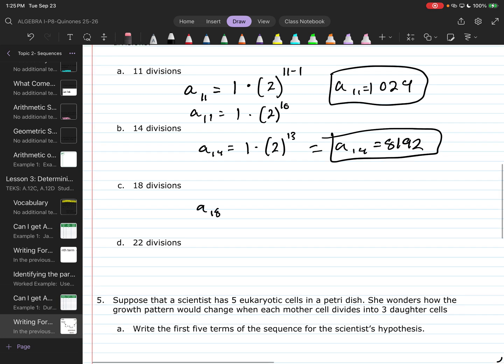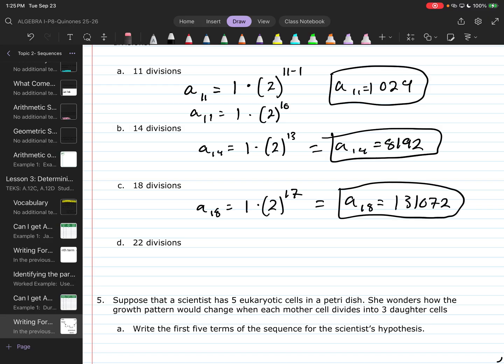A sub 18 is going to equal 1 times 2 raised to what power? Good. This means that a sub 18 is equal to what? 131,072. Okay? And last one. A sub 22, so the 22nd term in the sequence, is 1 times 2 raised to what power? 21.